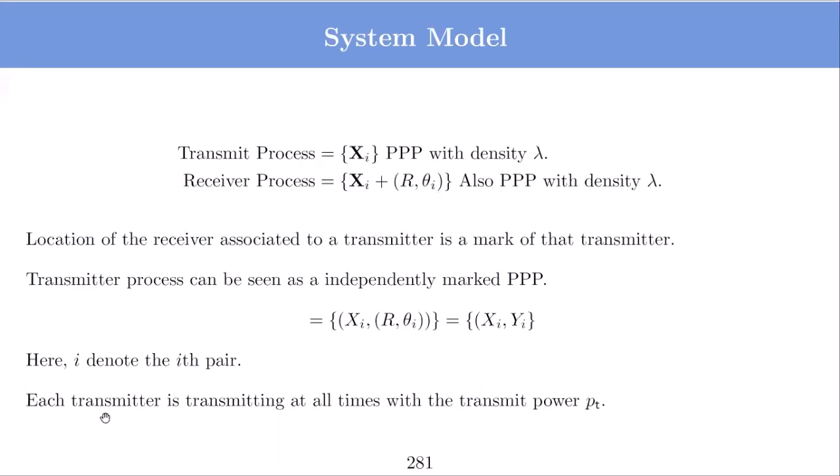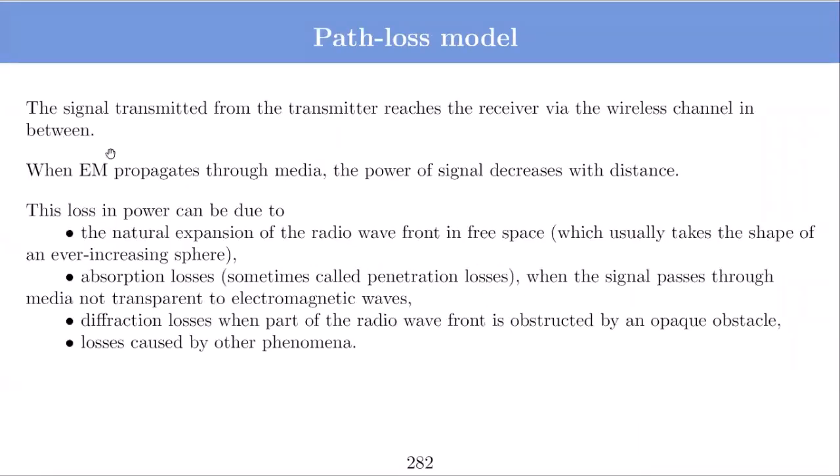First, we assume that each transmitter is transmitting at all times with transmit power P. The signal transmitted reaches the receiver via the wireless channel in between. When an electromagnetic wave propagates through a medium, the power of the signal decreases with distance. This is different from wired communication, where you do not worry about the exact geometry. In wireless, the geometry plays a big role.